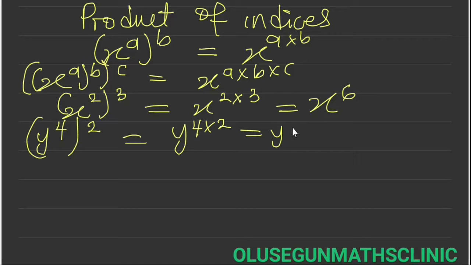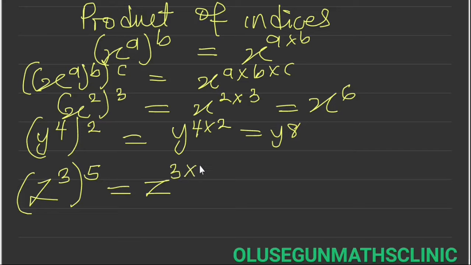So maybe we have another value like z raised to power 3 at the same time raised to power 5, which is equal to z raised to power 3 times 5, which is equal to z raised to power 15.